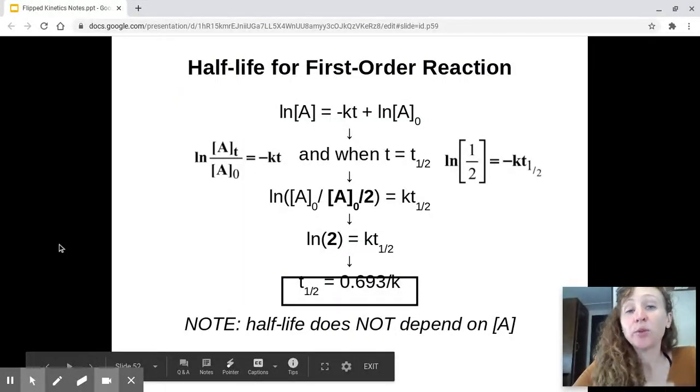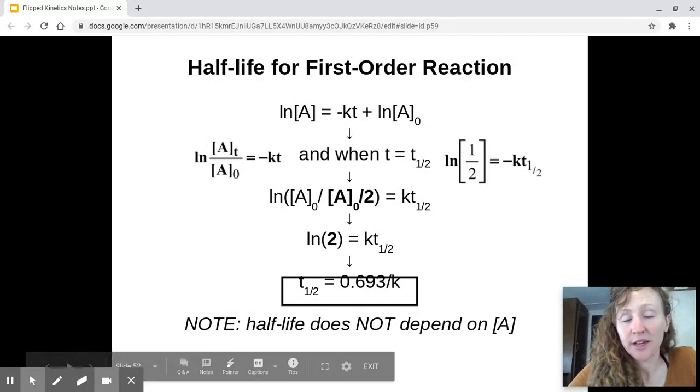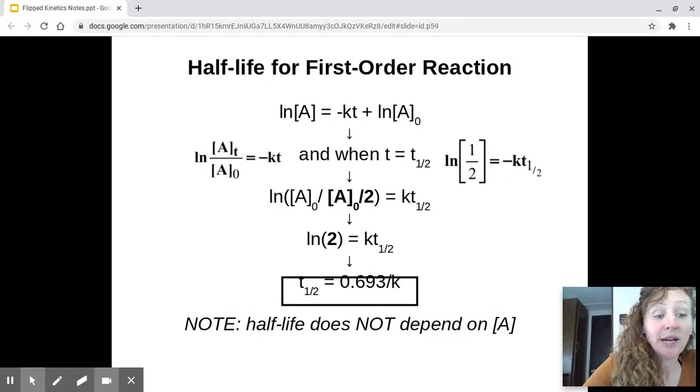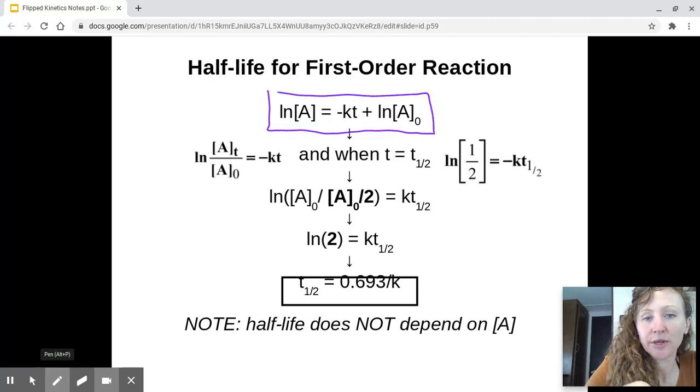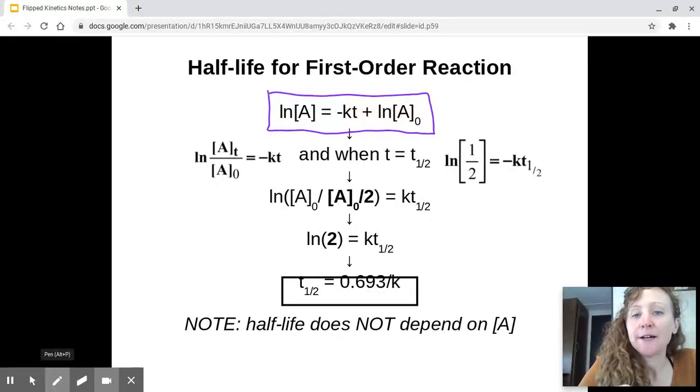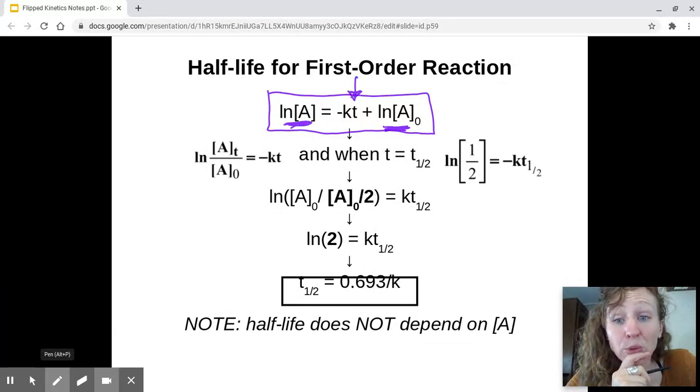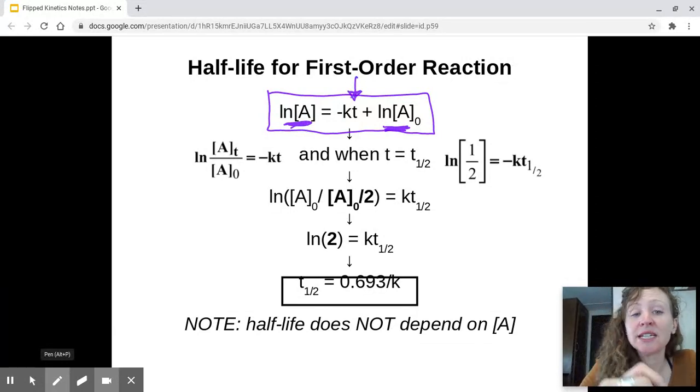Okay, if we look at this in terms of our integrated rate law. So here's our integrated rate law for a first order reaction. We have an initial concentration and we have a concentration at a specific time. If we want to know what our half-life is, we can ballpark some of this information.